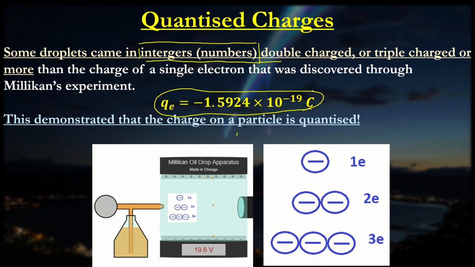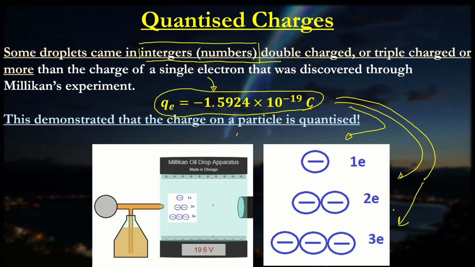Okay, so what he was able to find was the double of that particular charge, triple of that particular charge, or even more. But it still came back to this charge as the common factor. So what he predicted was that for the numbers he found, he might have found the charge quantity of 2 electrons, a different one, a charge of 1 electron or 3 electrons, like so.